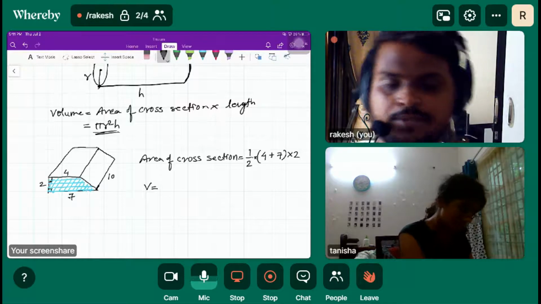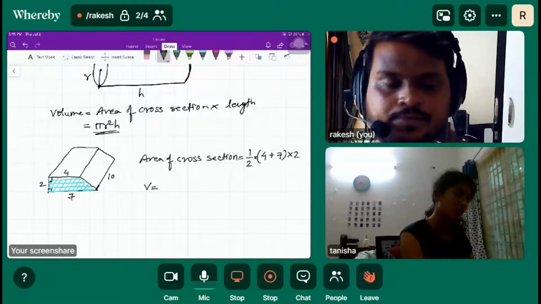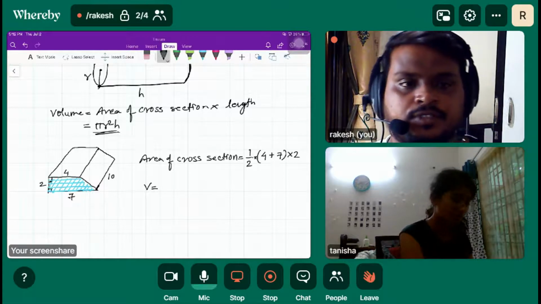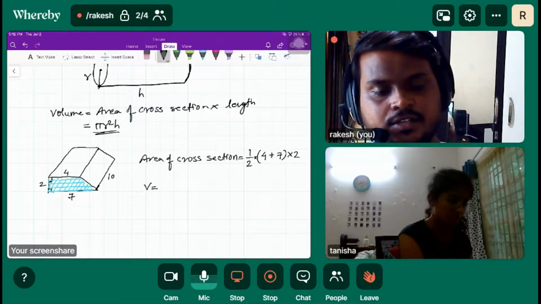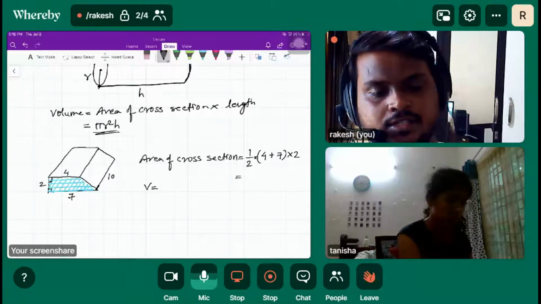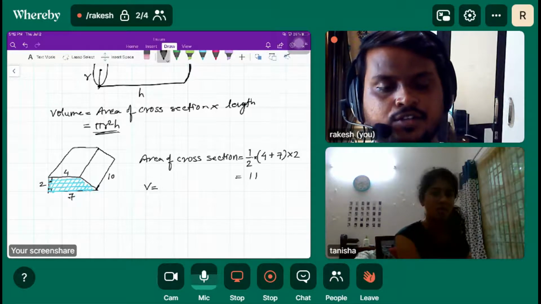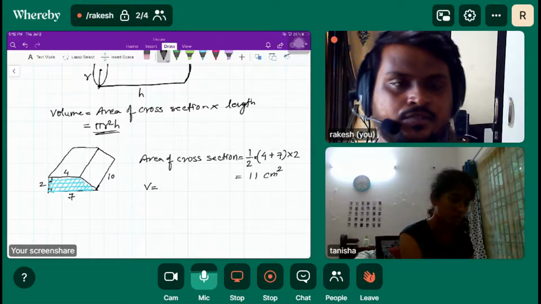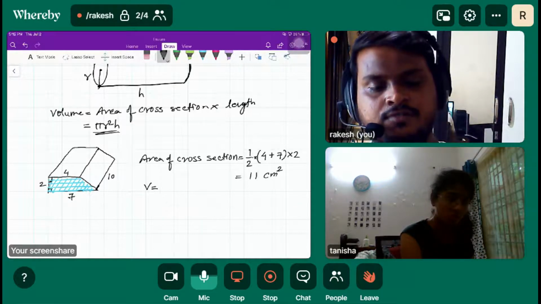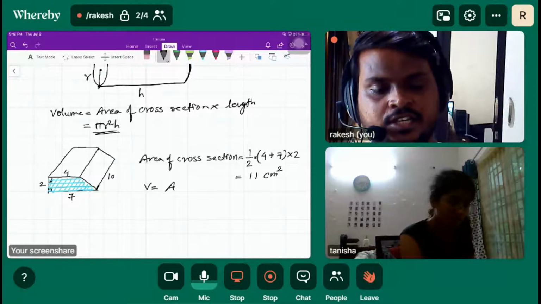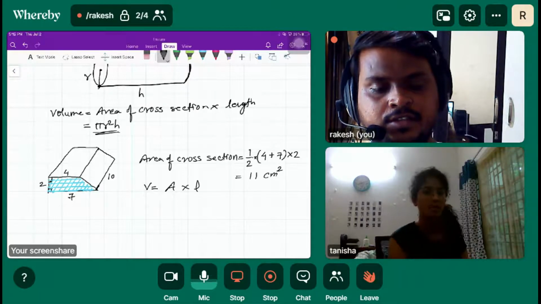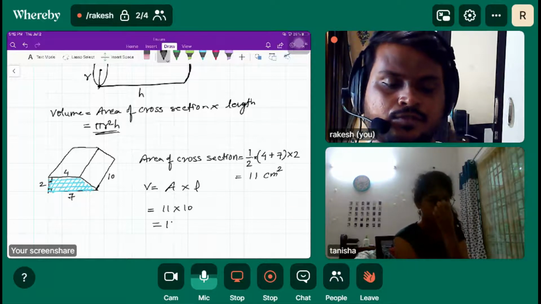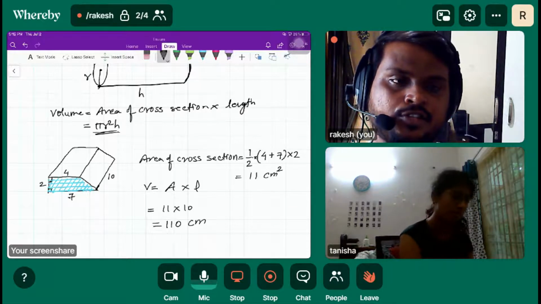All lengths are in centimeters. So this will give us the cross section area, which is 7 plus 4, 11. The 2 will cancel out, 11 centimeter square, and therefore the volume is area into length. So 11 into 10, which is 110 centimeter cube, right?